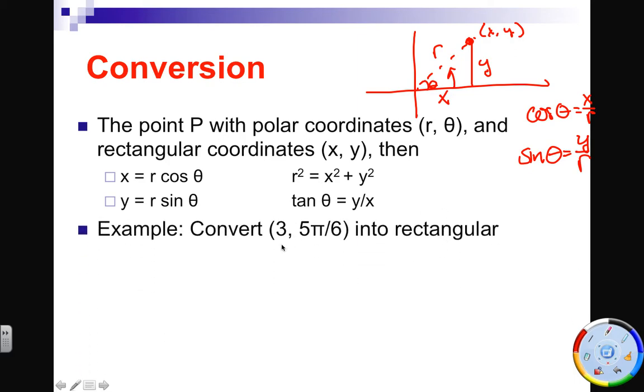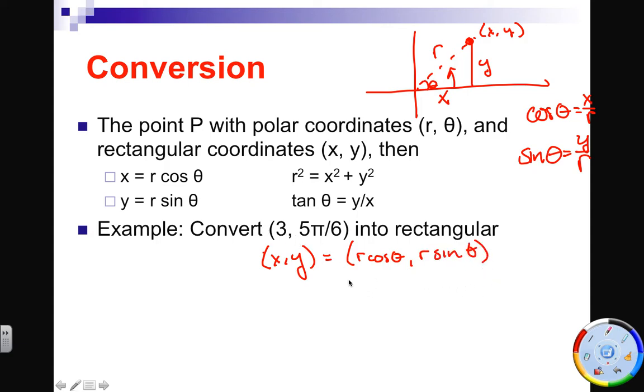So we want to convert (3, 5 pi over 6) into x comma y. Well, what's kind of nice is I know x is r cosine theta, so it's actually going to be r cosine theta comma r sine theta.